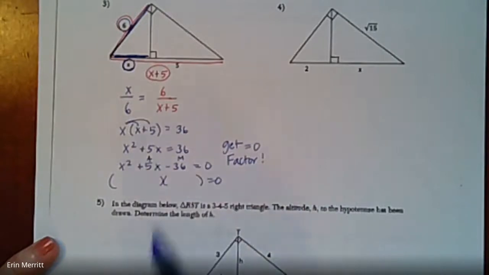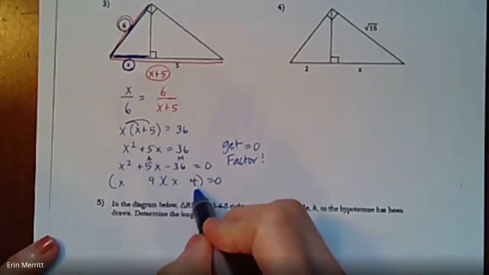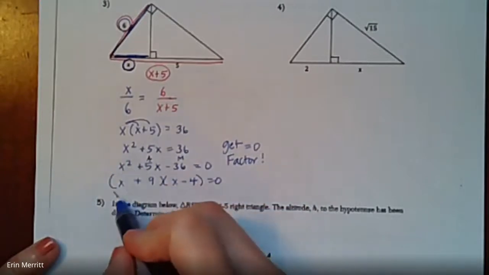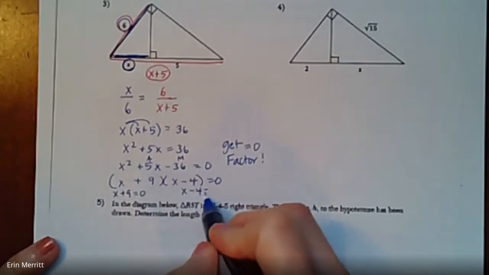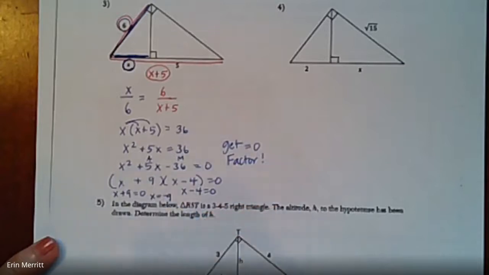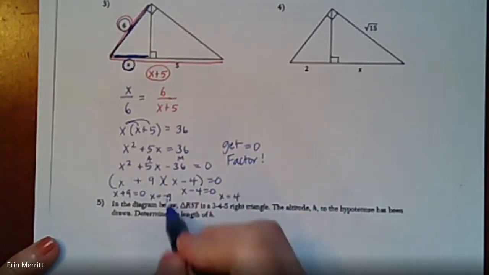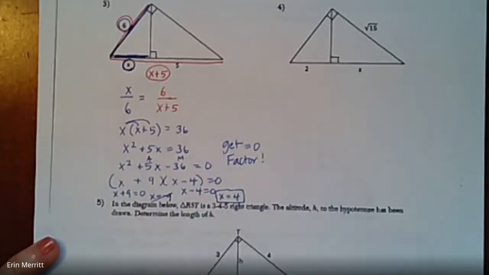Hopefully in your heads right now, you're already thinking of it, but X and X, and we can go 9 times 4. So positive 9, negative 4. And then I'm sometimes lazy about showing this step, but please remember, you're technically setting those equal to 0 to solve. So this one, you end up with negative 9. Here you would add over 4, so we end up with positive 4. So we can reject that negative 9, and X equals 4 would be our solution there.